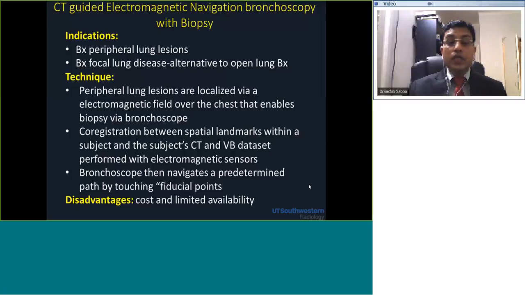What happens is there is a co-registration between the landmarks within the subject and the subject CT and the virtual bronchoscopy dataset, which is performed with electromagnetic sensors. And subsequently, the bronchoscope navigates the predetermined path to reach the target lesion. The major disadvantage of this procedure is cost and limited availability.